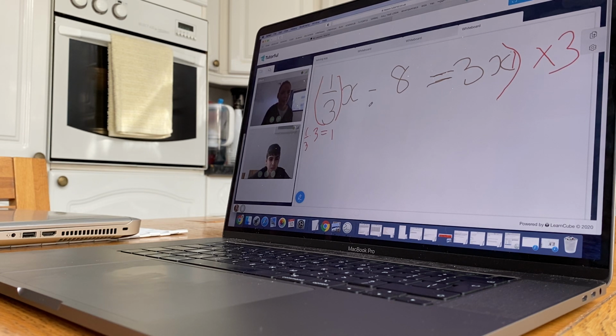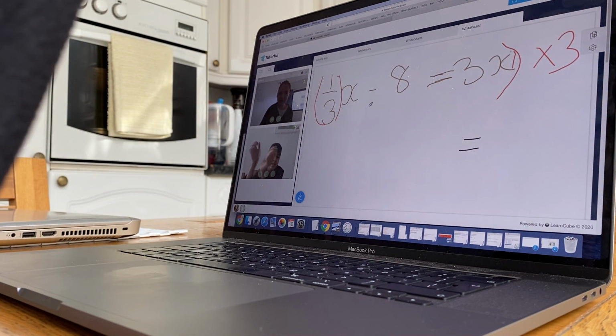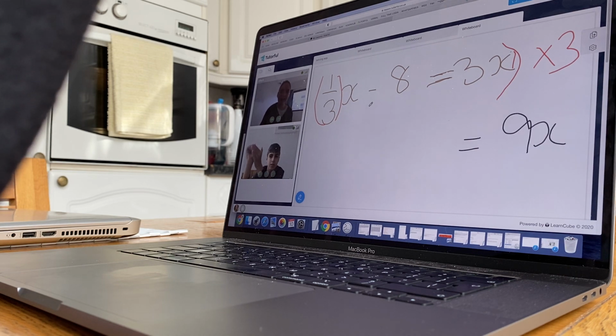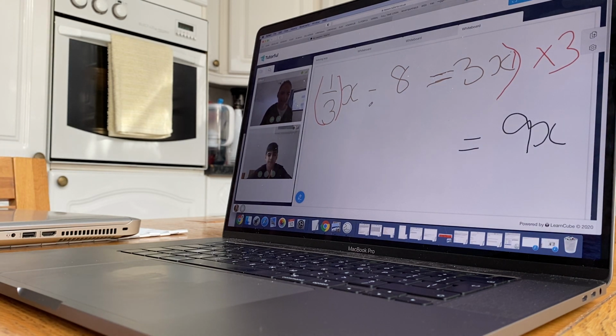So 3x multiplied by 3 is 9x, yeah, 9x this side. And then 1/3 x times 3, what's that? 1 over 9. Or we're going to do it in the fractions.